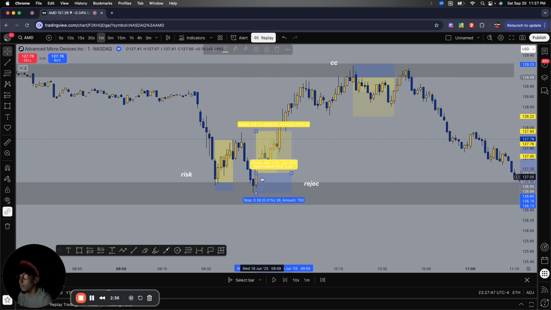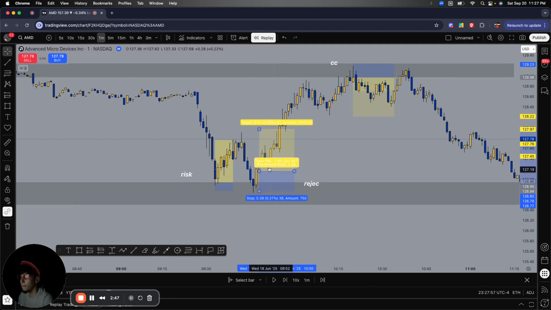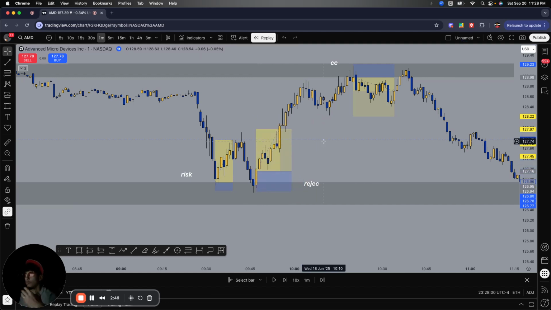So what I would do is wait for the next one, and if the next one is giving me a good rejection, like as you can see right here, let's say the markets are open and it's giving me very bullish signals that it wants to come up, and this comes more from experience, learning how the markets react off of demand zones that are valid. So this comes more with experience, but you can still use this even as a beginner.